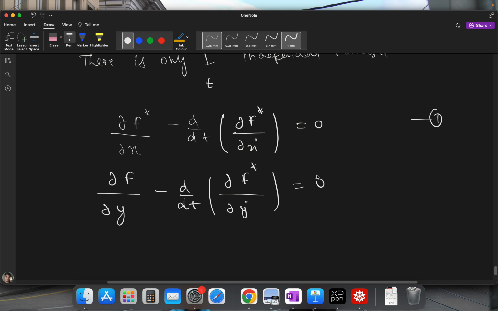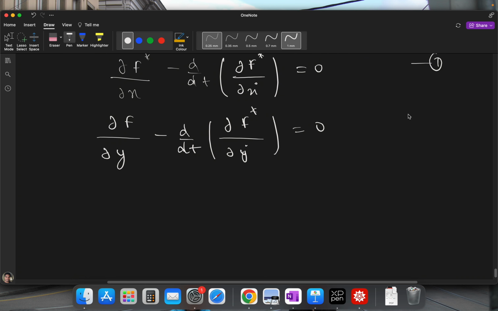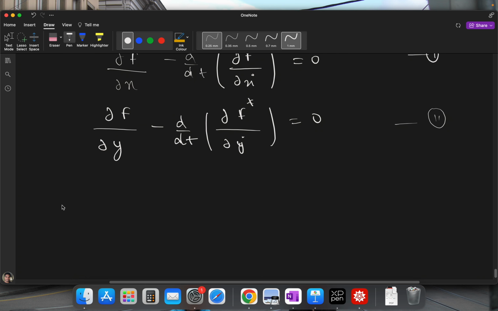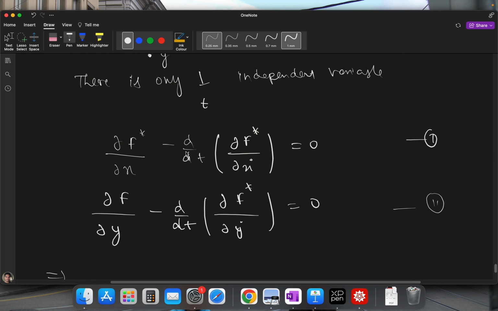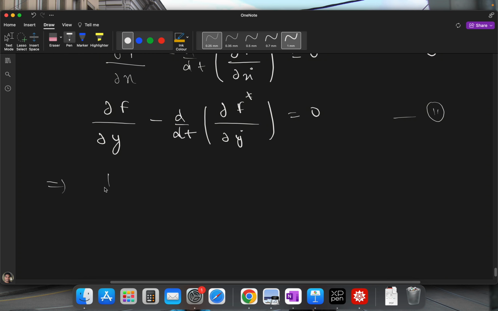Can you see that? From the first equation, we will get 1 by 2 y dot minus d by dt of (minus y by 2 plus lambda x dot divided by square root of x dot square plus y dot square) equal to 0.